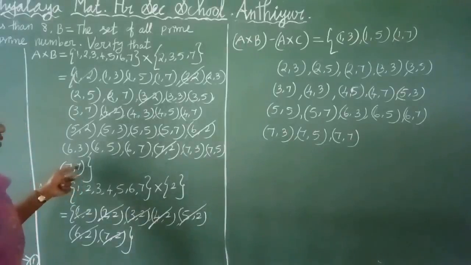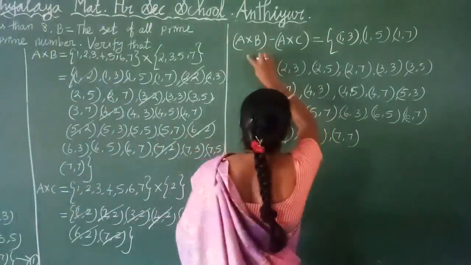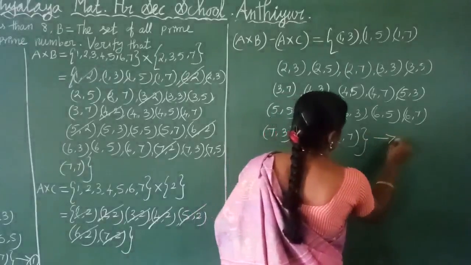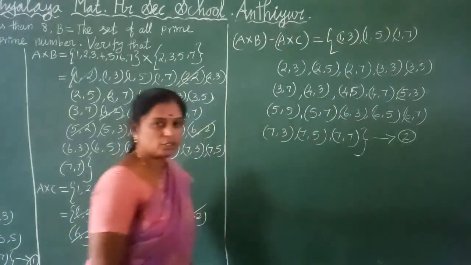That's all. So this A cross B minus A cross C answer is marked equation number 2.